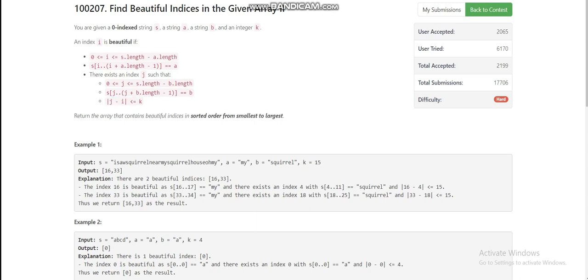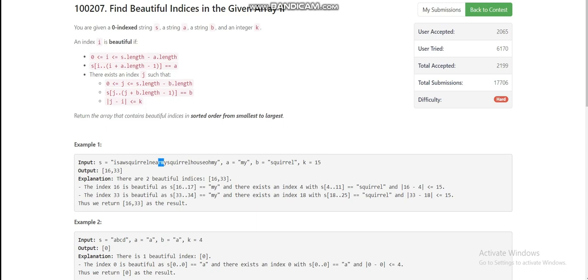Now if you take the first example, the example is quite big. So what you have to check is that something is matching with a. So "my" is here, so it is matching with a. Now something is matching with b, so this "squirrel" is matching with b. Now we have to take the difference between the index of this and the index of this.